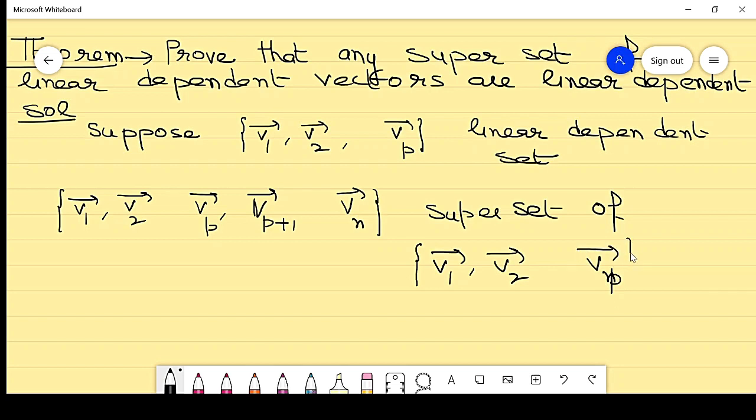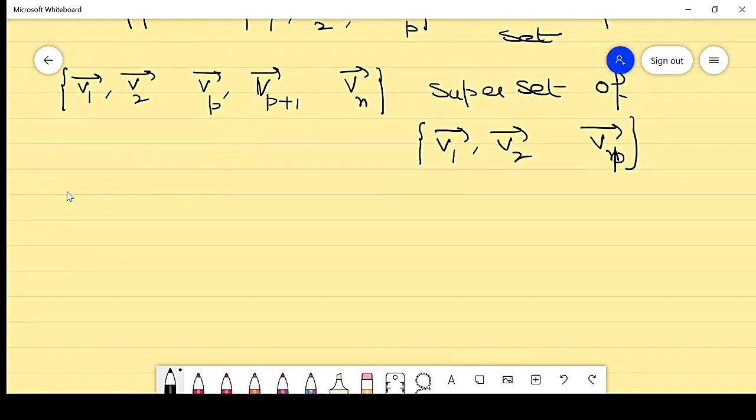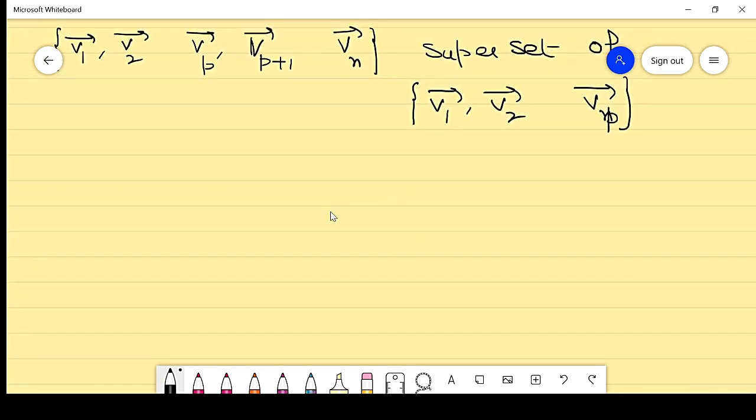So this is a superset of these vectors, and V1, V2, Vp are linear dependent.